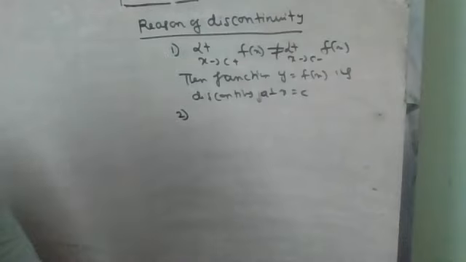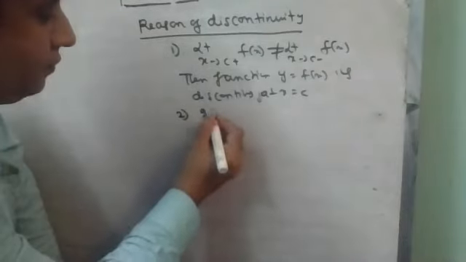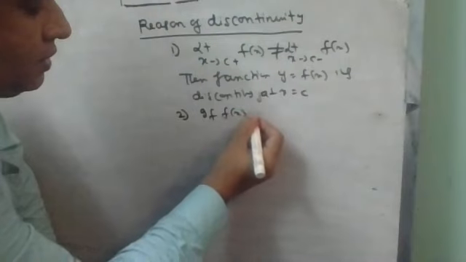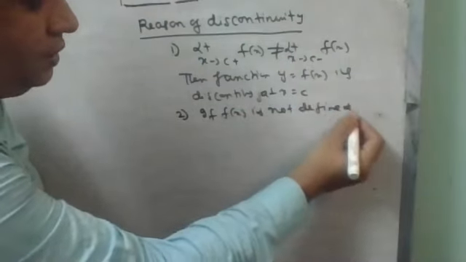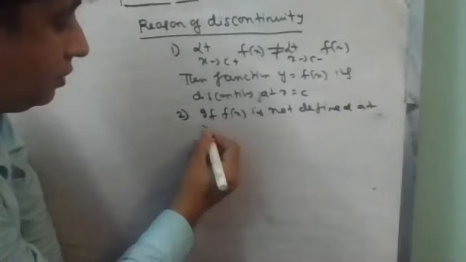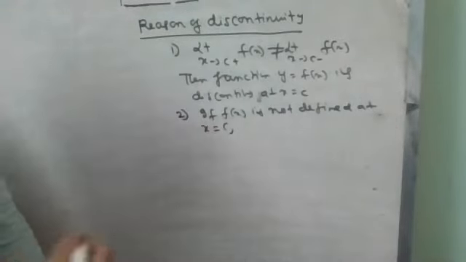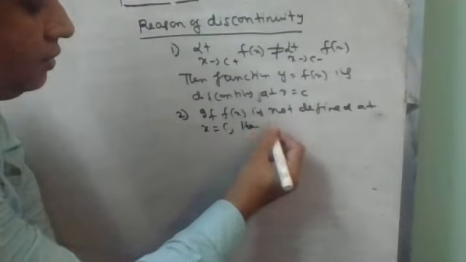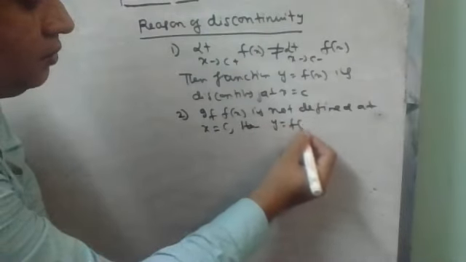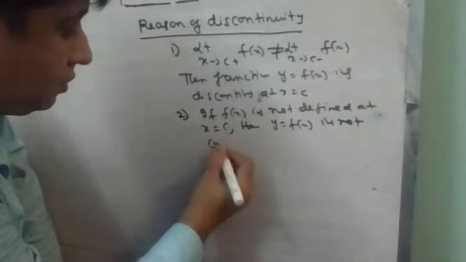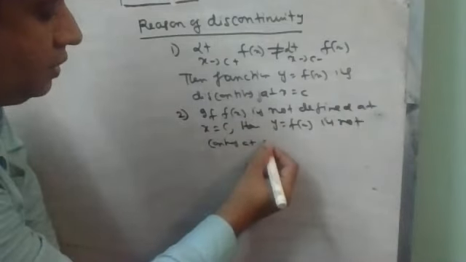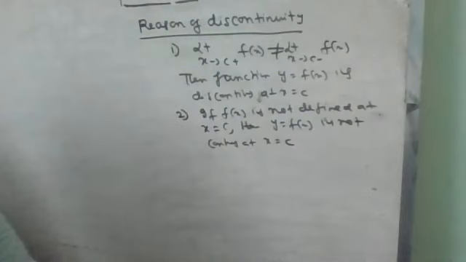Second reason, if f(x) is not defined at x is equal to c, then y is equal to f(x) is not continuous at x is equal to c.